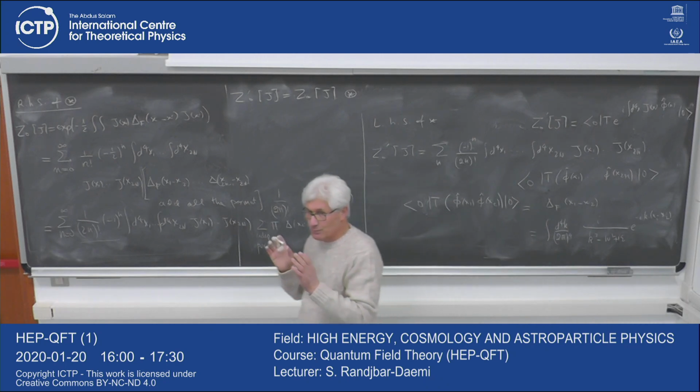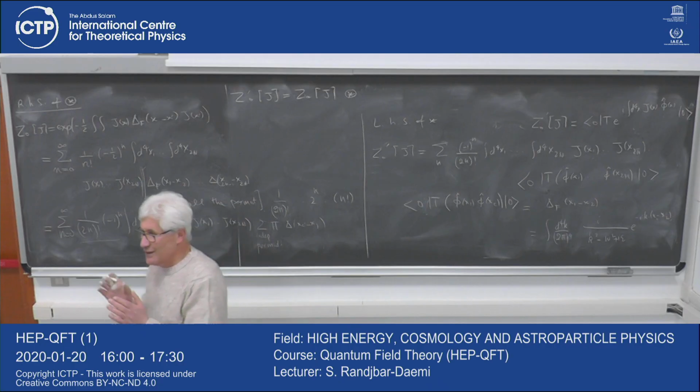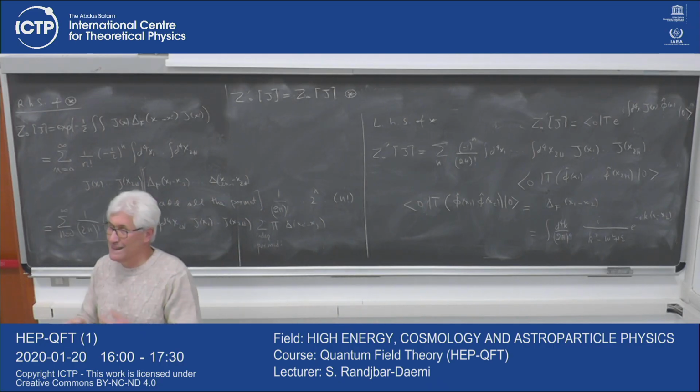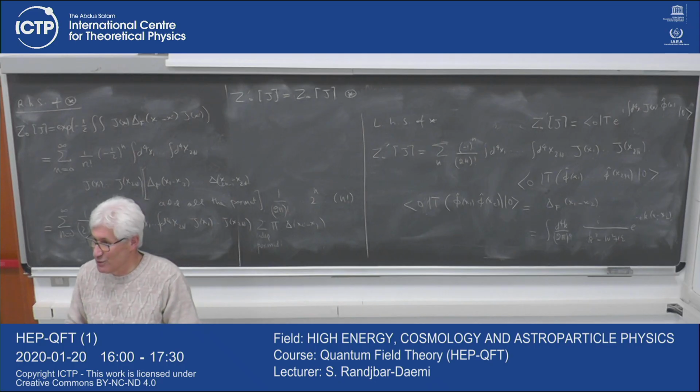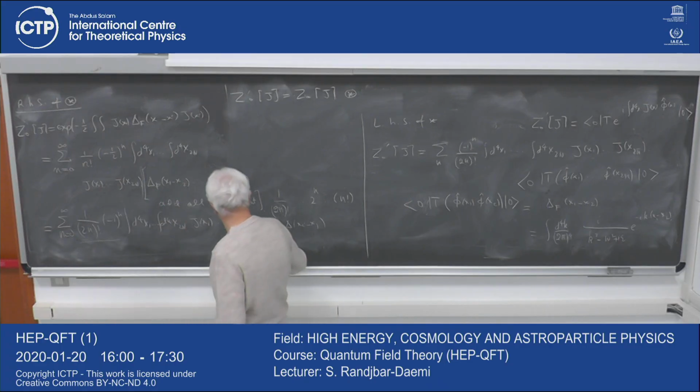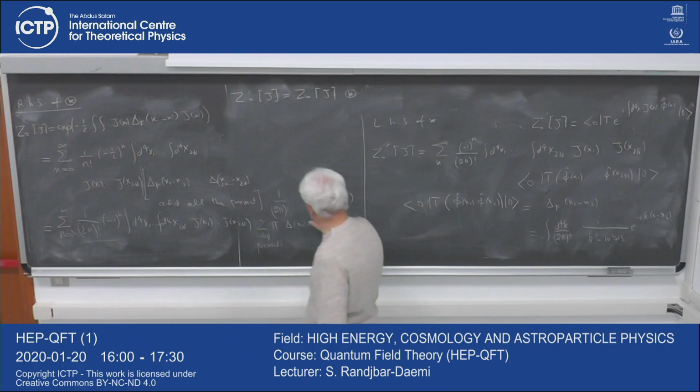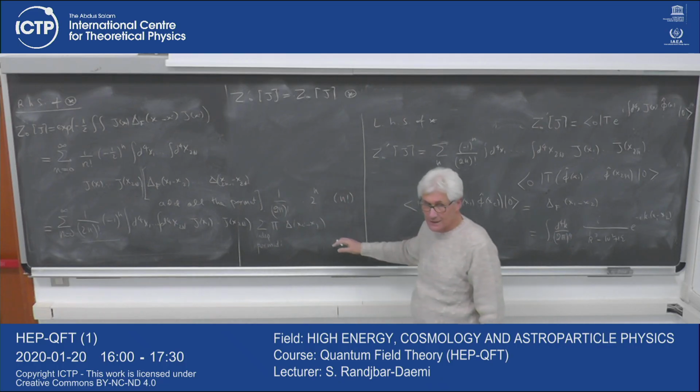That means you will have the sum of product of Feynman propagators, only independent permutations. You will not produce all 2n factorial of them, but precisely as many as here: 2n factorial divided by 2 to the power n times n factorial. That's the number of terms you will produce from there.